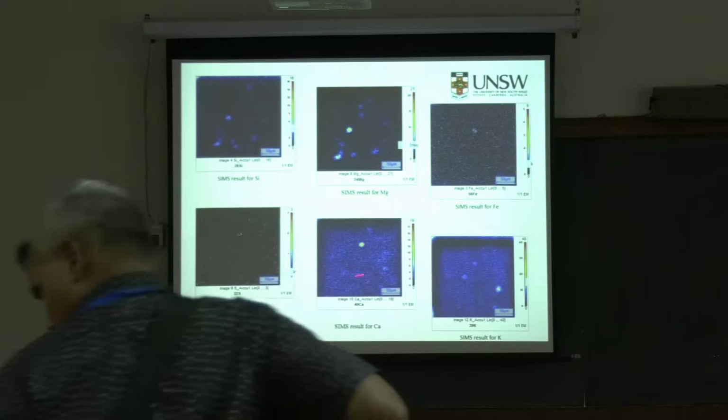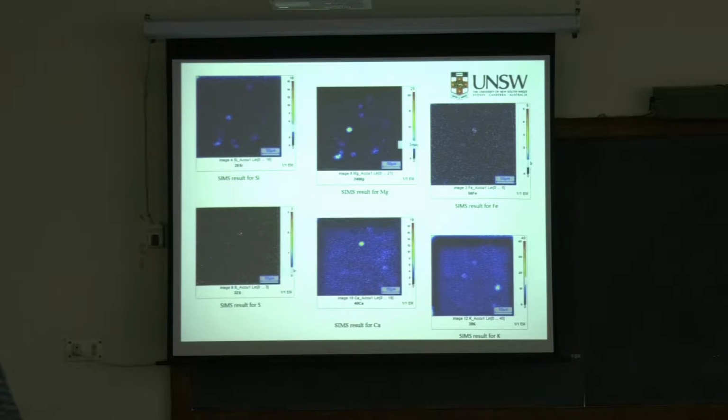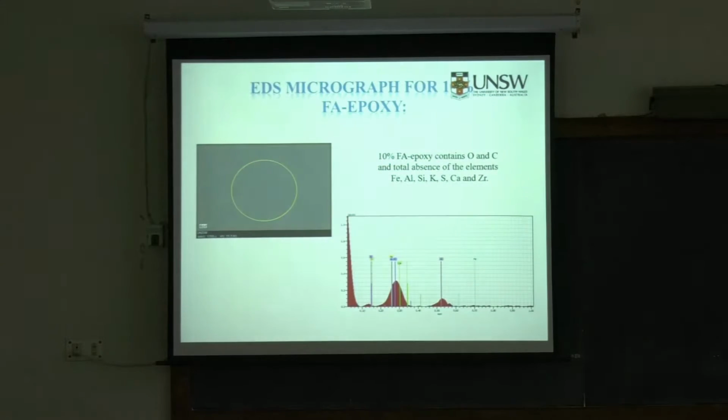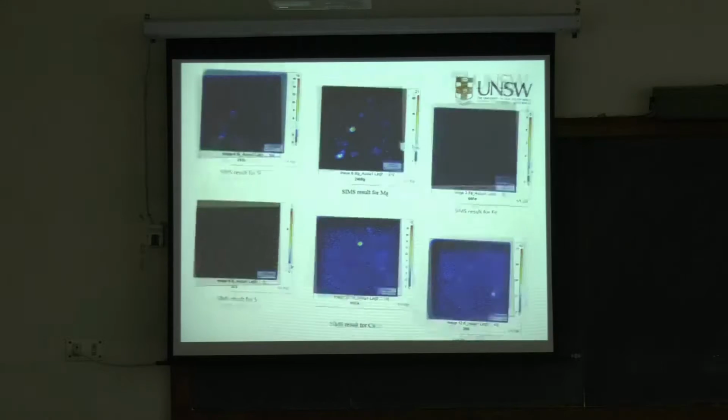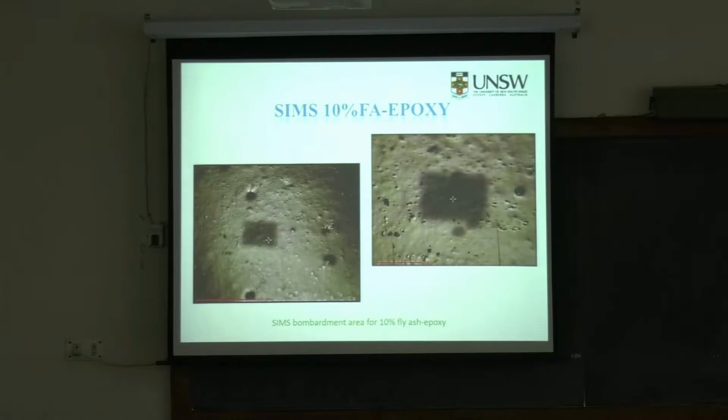Calcium is reasonable. Potassium is reasonable. So this is quite a modern technique. This seems for 10% fly ash epoxy.